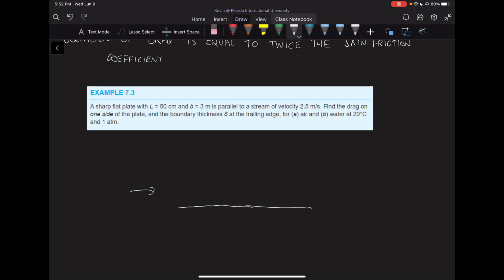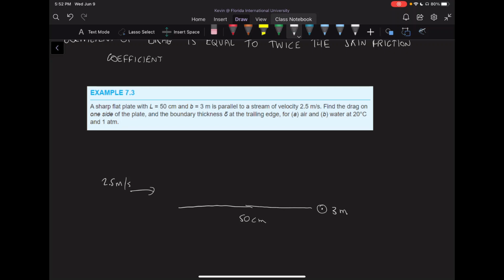We know that we have flow coming in at 2.5 meters per second. We know the flat plate is 50 centimeters long, and into the paper it's 3 meters wide. We're told to find the drag on one side of the plate.